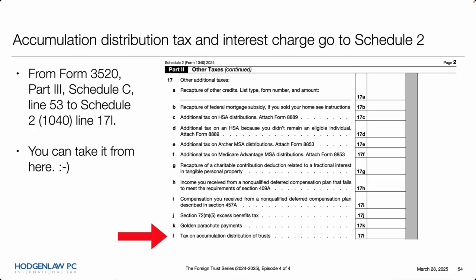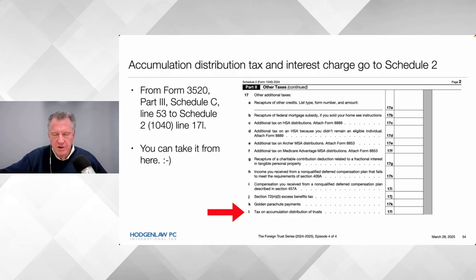And then from the bottom of the page on Schedule 2, it ports over to Form 1040. I forget the line, maybe it's line 23, but you can take it from here. So that's the complete arc of this fabulosity of accumulation distribution and how it works on a tax return.